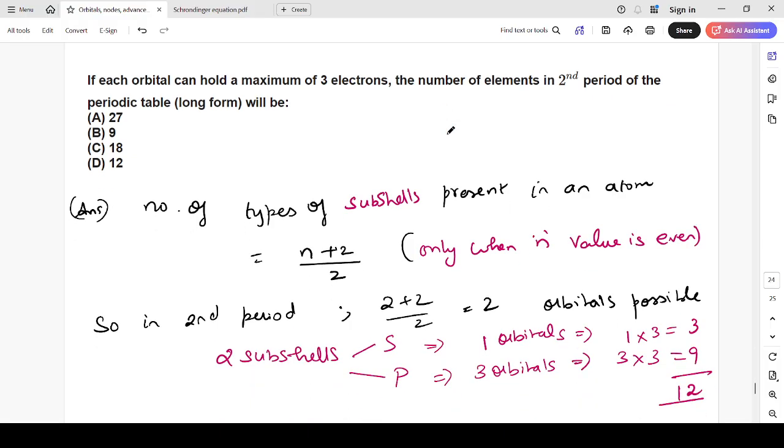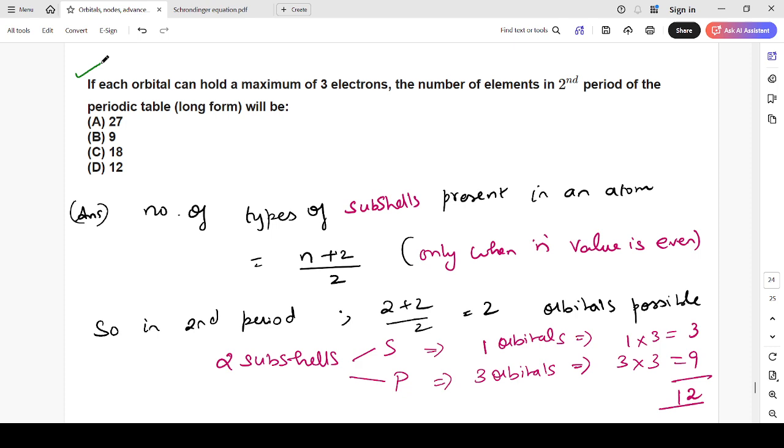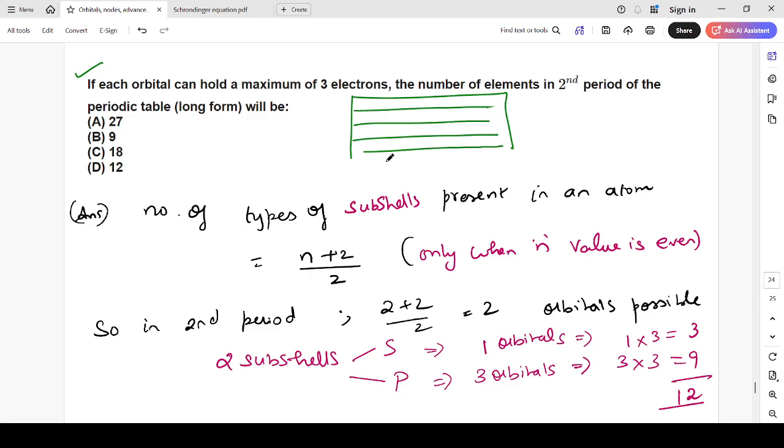Right. Let's go for this question. What is a period, ma'am? In the periodic table, the horizontal lines are called periods.